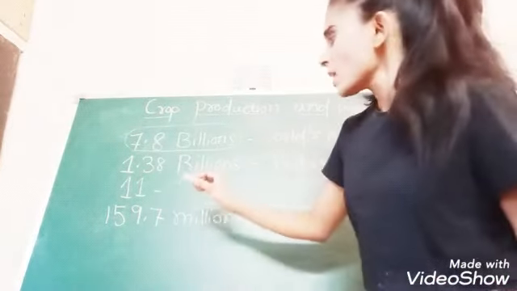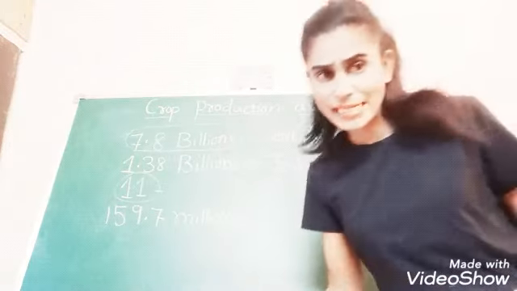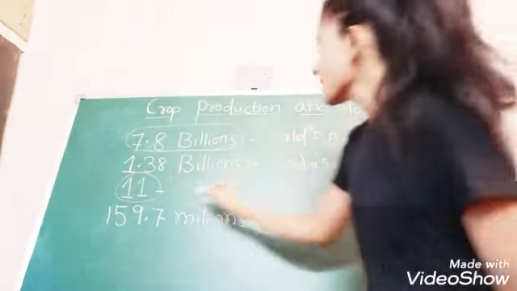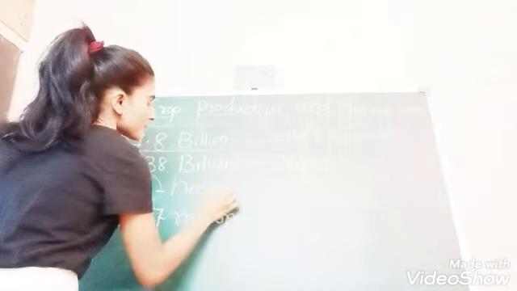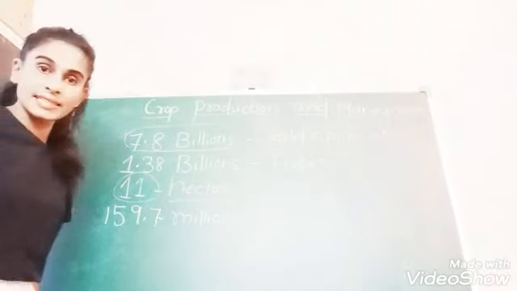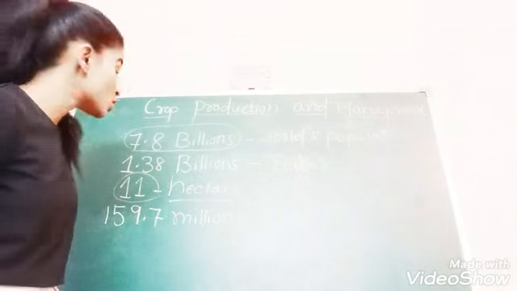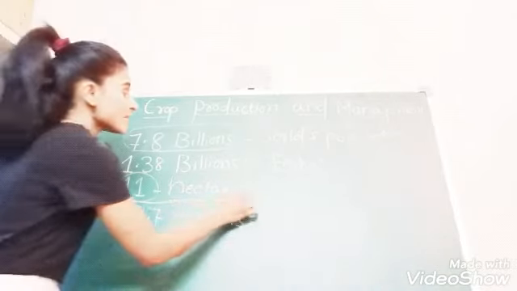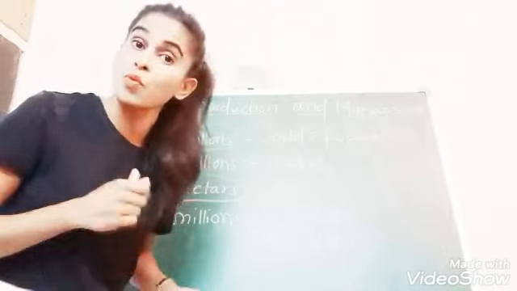Okay. Now, it's a small number, 11. What does it represent? Any guesses? 11 hectares. It is the total agricultural land over the world. Yes, 11 hectares of land are under cultivation all through the world.